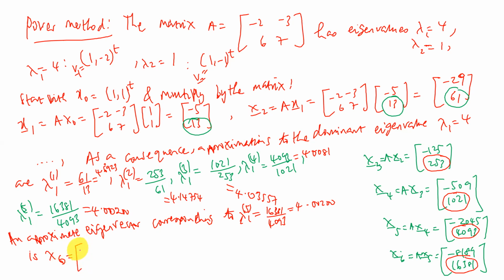Right, and x6 is what? We got x6 already. Is this one here at the bottom right? So it's minus 8189, 16381, which divided by minus 8189 normalizes.